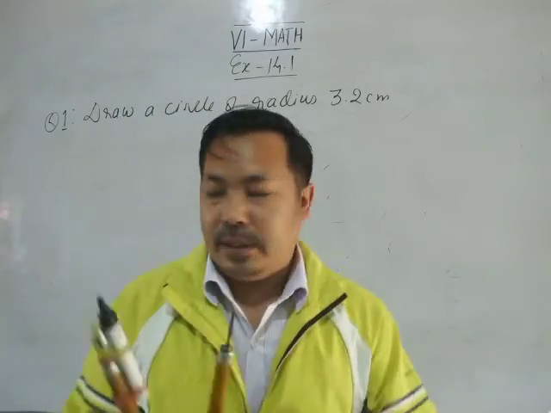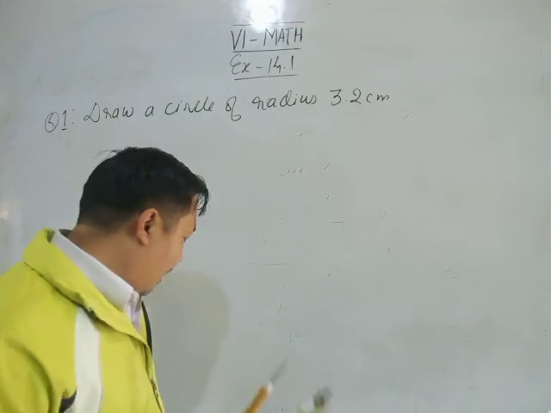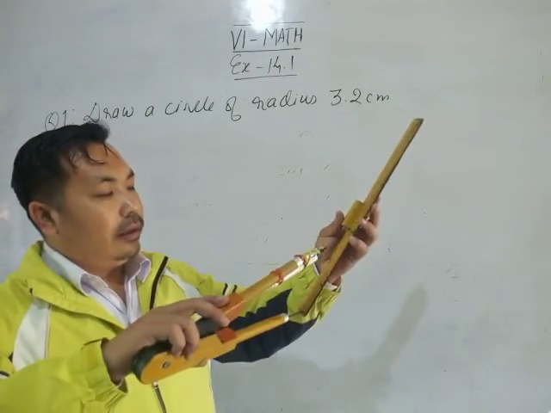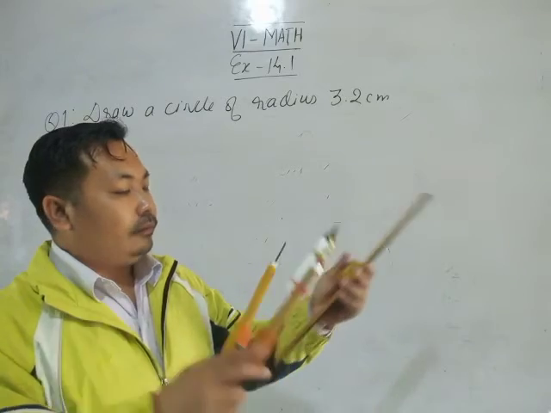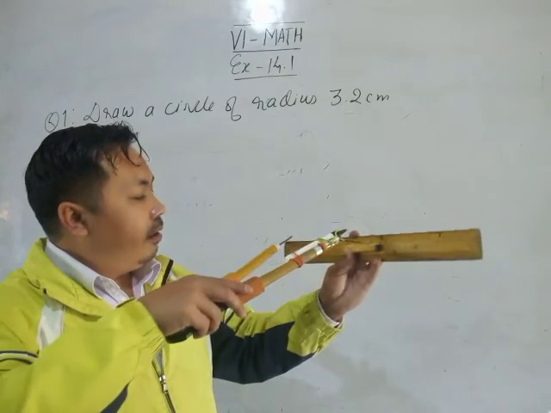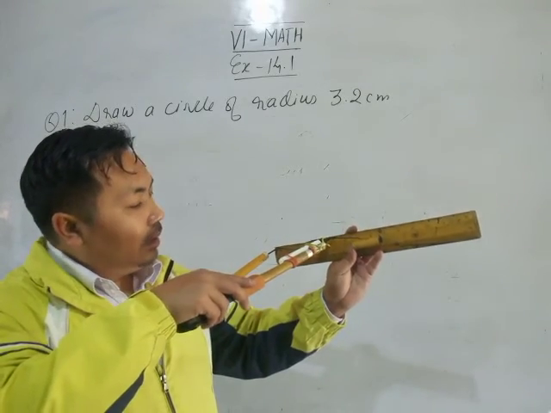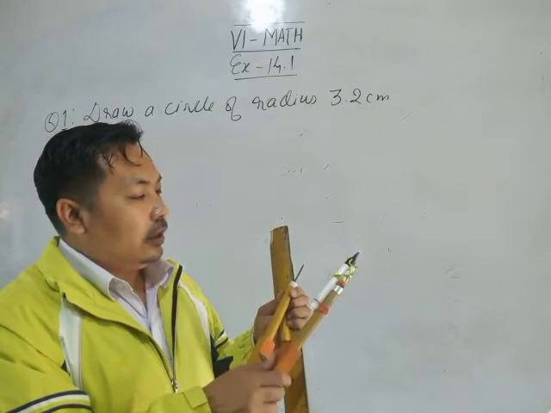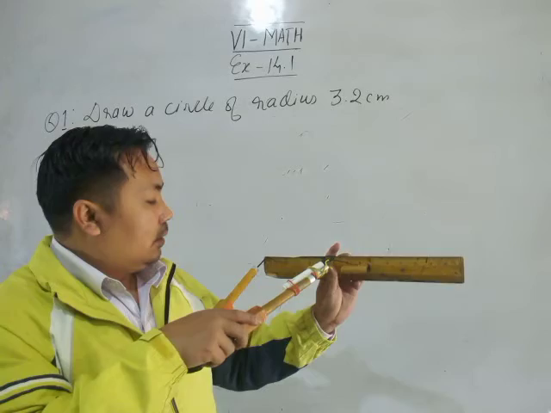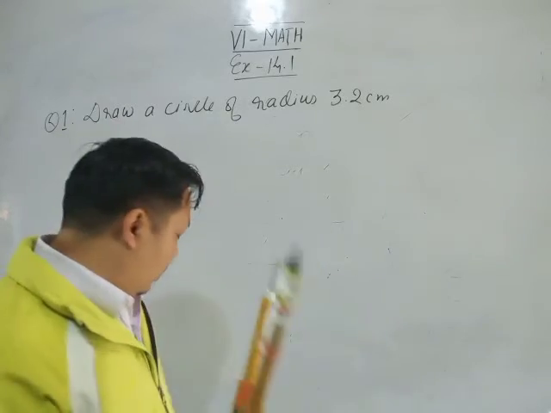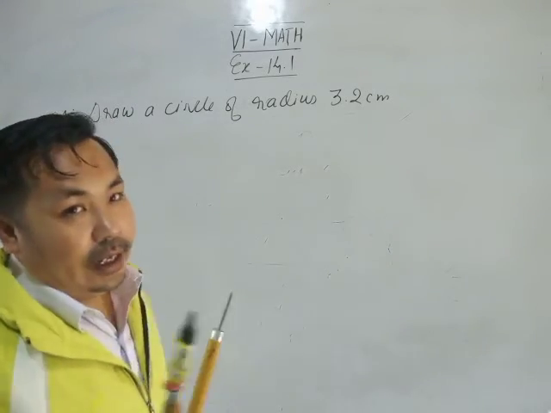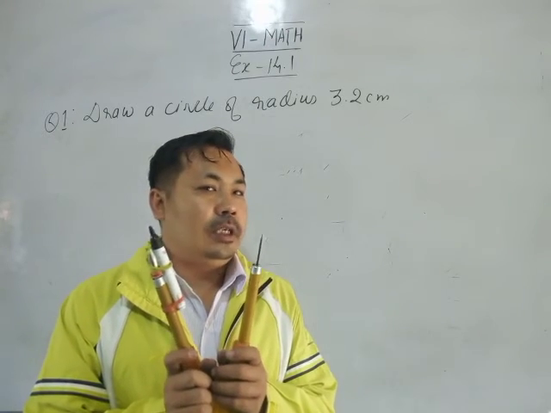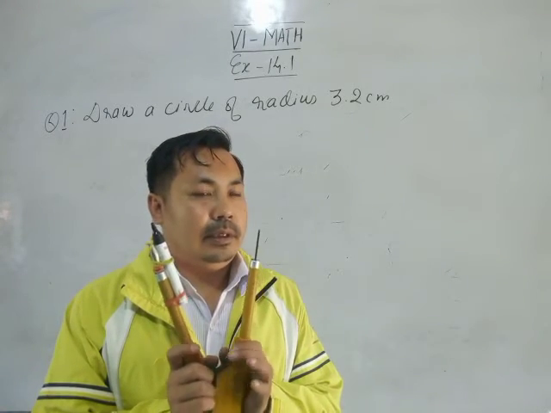So we'll take the compass, then with the help of the scale, we'll measure the gap of the compass of 3.2 centimeter. My 3.2 centimeter will be a little more. Here I got my 3.2 centimeter. So I adjust this compass with a radius of 3.2 centimeter with the help of this ruler.